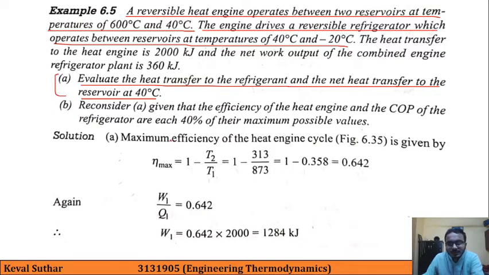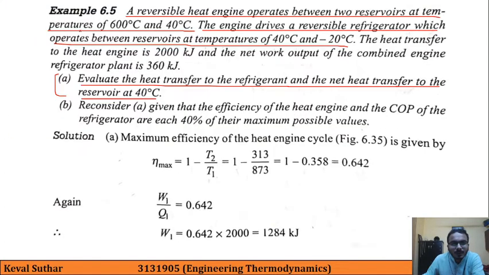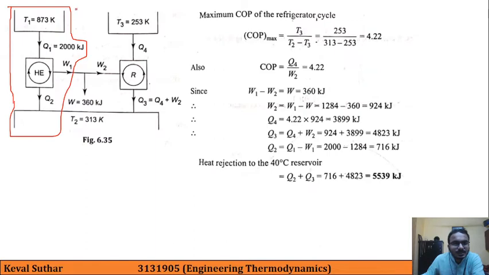So here in this figure, we will first focus on this portion, that is the heat engine part, that is over here, 600 degrees Celsius. So this is at 600 degrees Celsius and this is at 40 degrees Celsius.